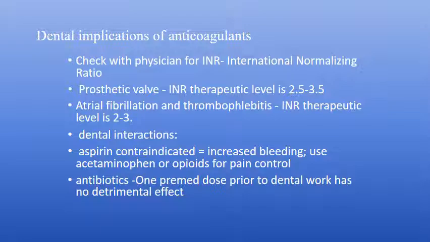One pre-med dose, if the client needs to be pre-medicated because they have a prosthetic valve, is not detrimental to the client's INR value. Phenobarbital reduces the Coumadin effects because it increases enzymes that will destroy anticoagulants.